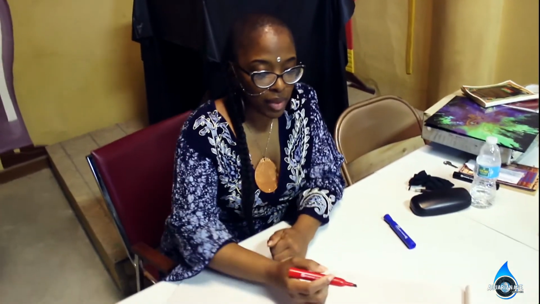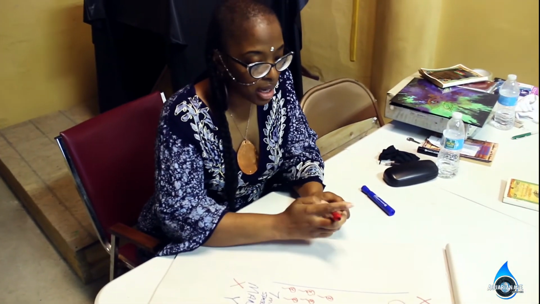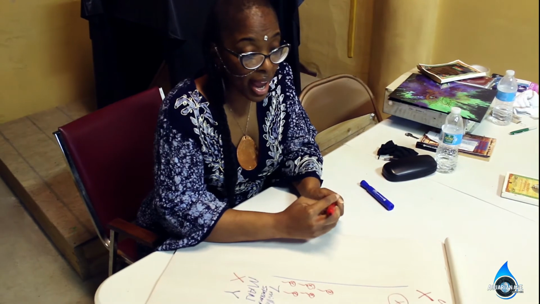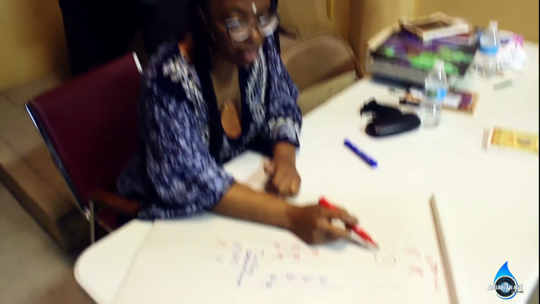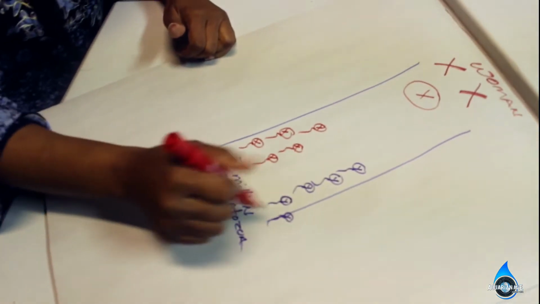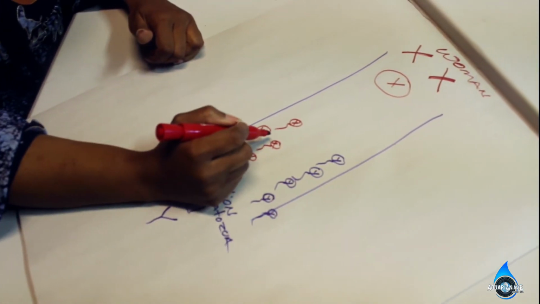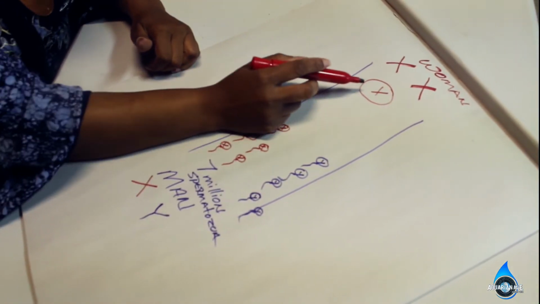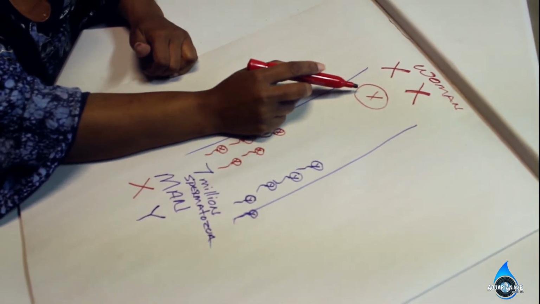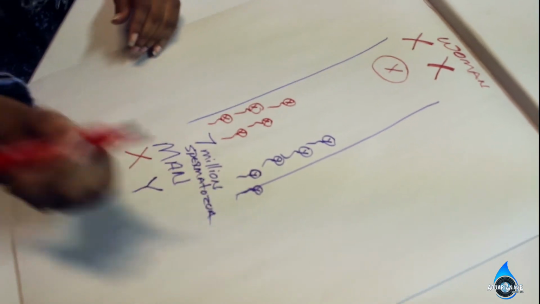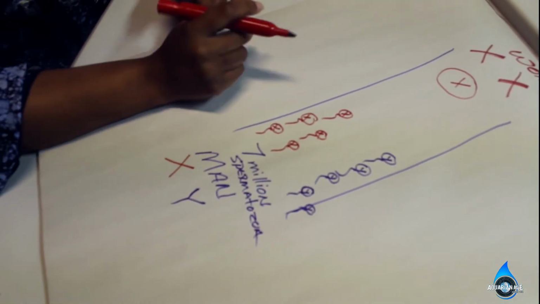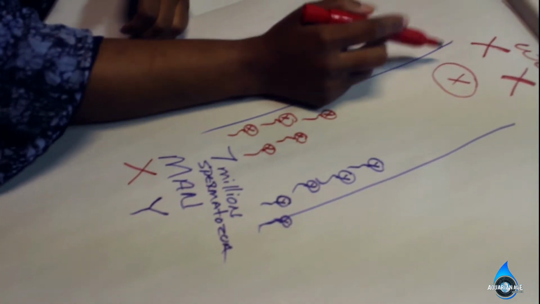Now, considering we all are made up of either an XX or an XY, this comes from the mother, these come from the father. So whichever one gets to that first and fertilizes the egg is what the sex of the baby is going to be. Now, the mitochondria DNA is going to always come from the mother.